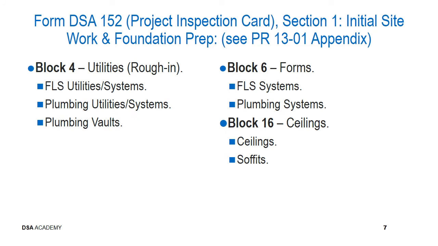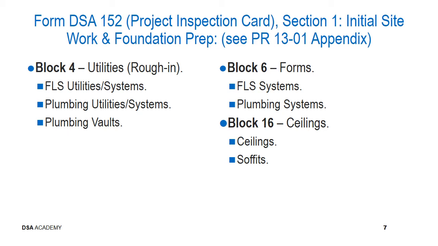DSA Form 152, the Project Inspection Card, Section 1, Initial Site Work and Foundation Prep, you should refer to PR 1301 in the Appendix. Block 4, Utilities for the rough-in, where you will find such elements as the fire and life safety utilities and systems, such as the plumbing underground for fire hydrants or fire sprinkler systems, plumbing utilities and systems, plumbing vaults.